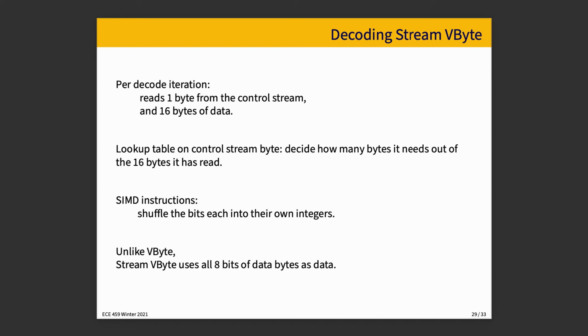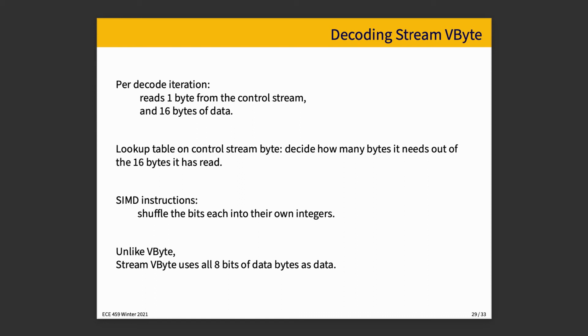If the control stream is at the opposite end of the spectrum, where everything is going to be 1 byte, then we're really only going to process some of the data and not everything. We'll process 4 bytes of the 16 bytes that we have read, and that's okay. We'll just keep track of the data that we needed.